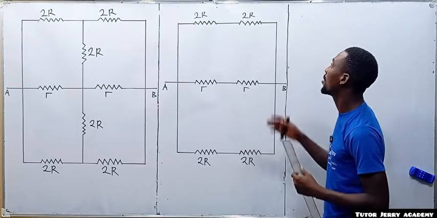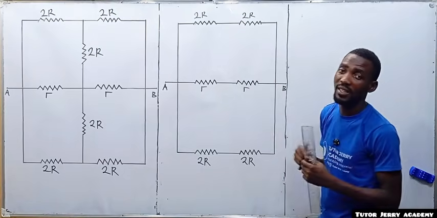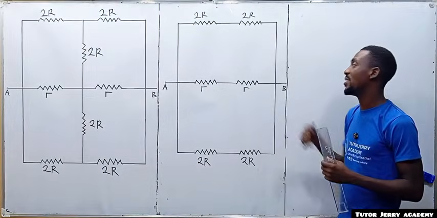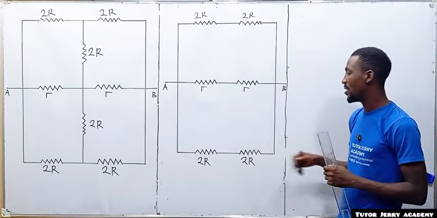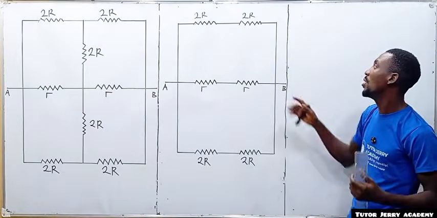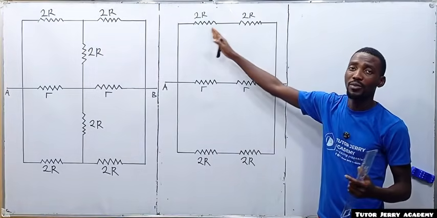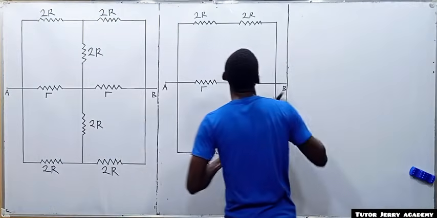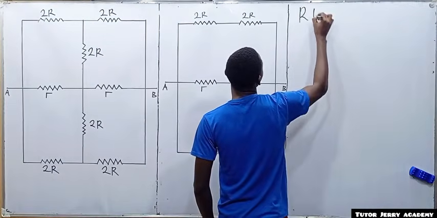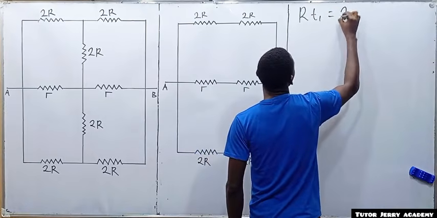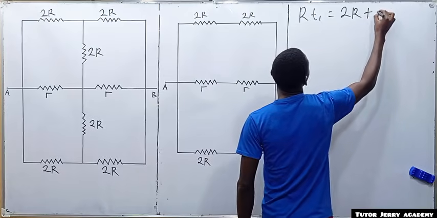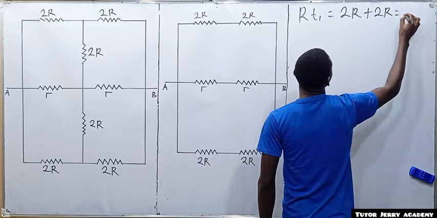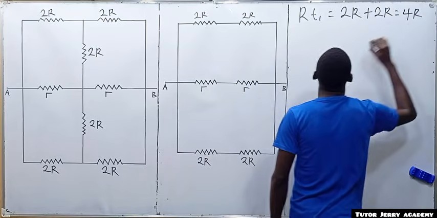All right, so you are going to observe that this and this is now in series, this and this is now in series, this and this is now in series. When we have 2 resistors in series, we just add the 2 together. So let's call this RT1. RT1 will be equal to 2R plus 2R, which will give us 4R.